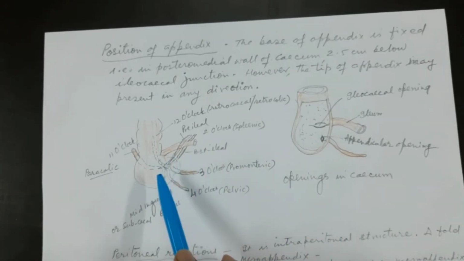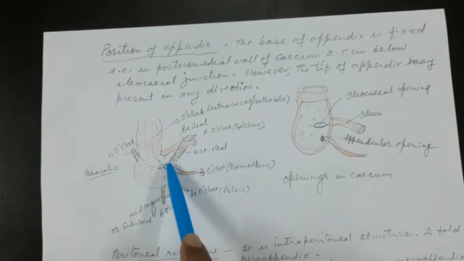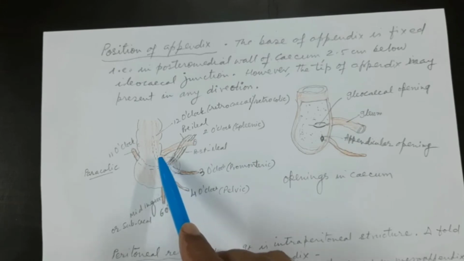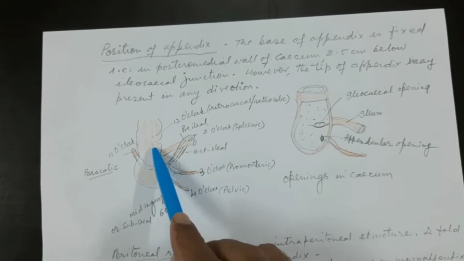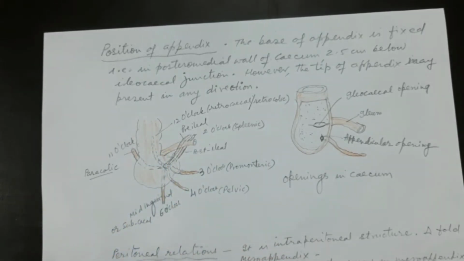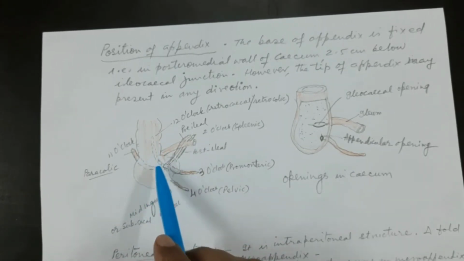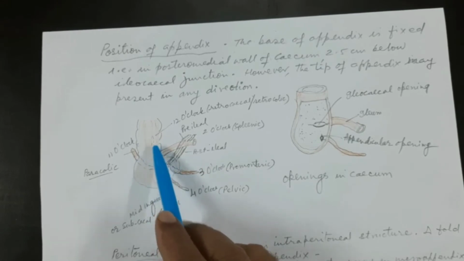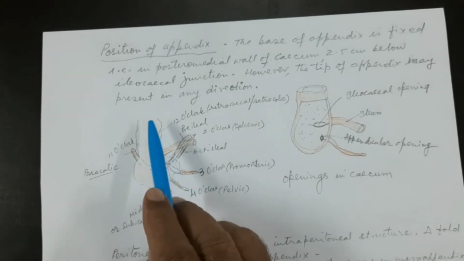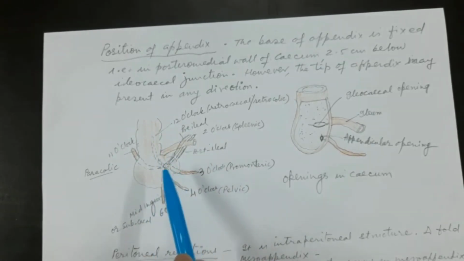I will tell you that from the posterior aspect of its base, I mean the posteromedial aspect of the cecum, after the base, the appendix will run behind the ascending colon or cecum, and this appendix is pointing towards the 12 o'clock position.